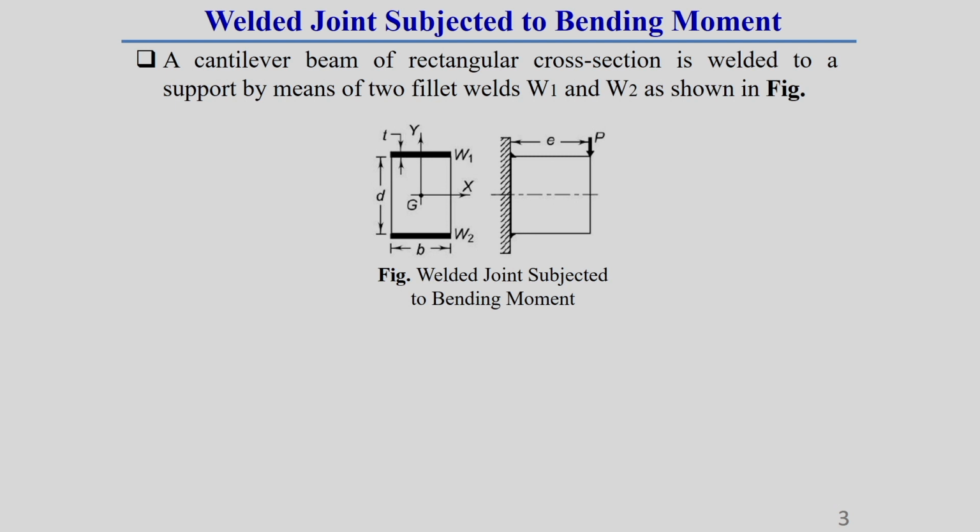Let us consider a cantilever beam of rectangular cross section which is supported by means of two welds W1 and W2 as shown in this figure. You are already familiar with a beam. A beam is a structural component which is subjected to transverse loading.